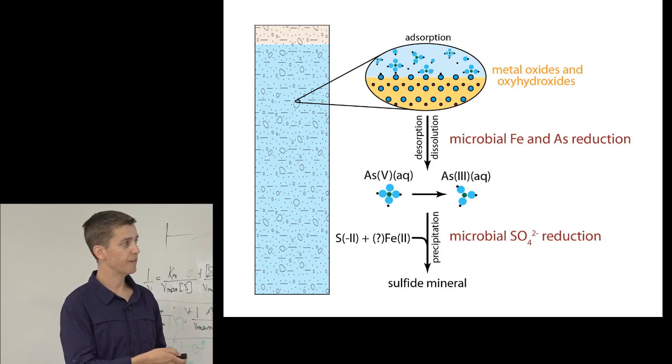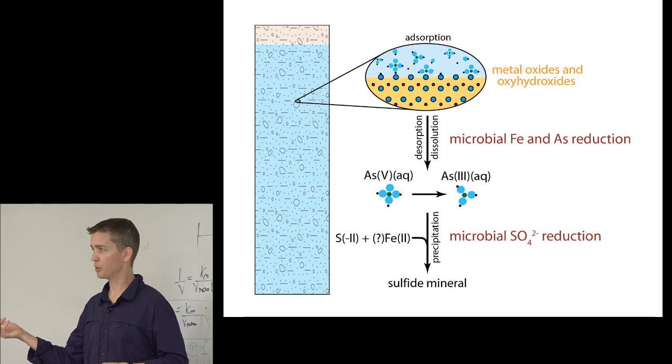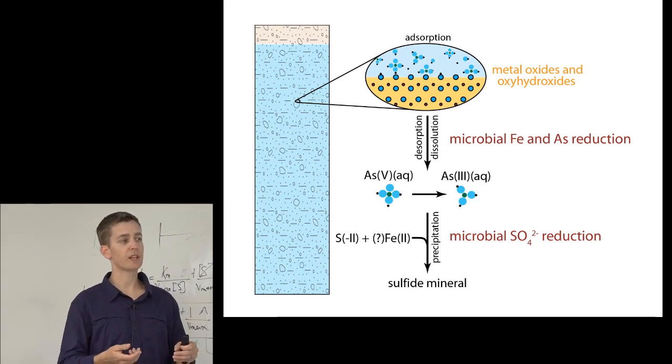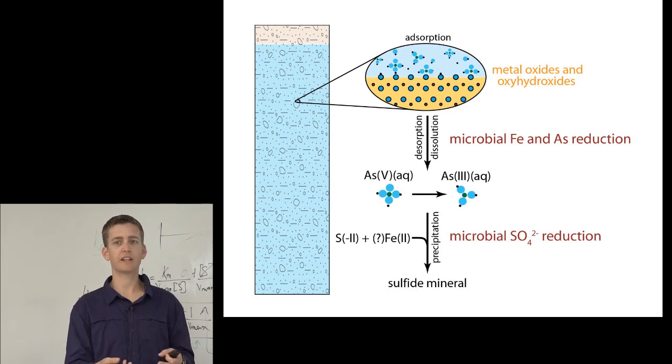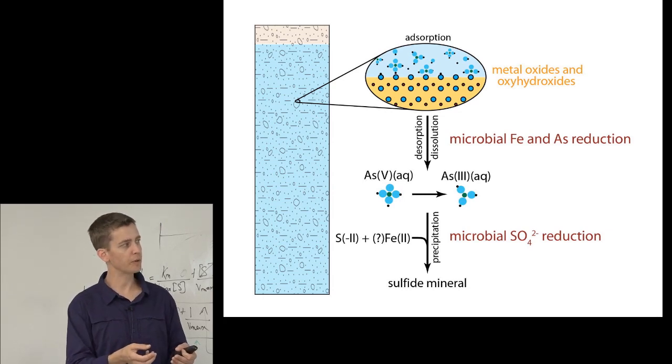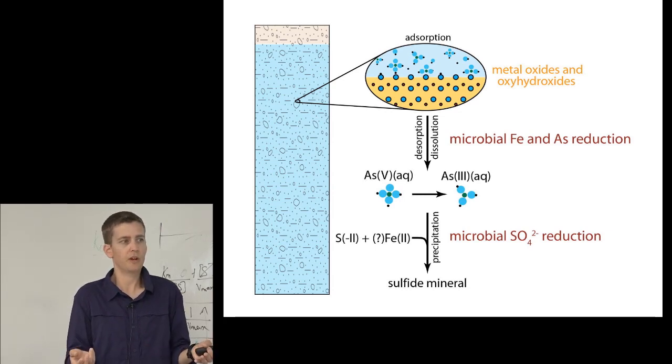We also see that if you don't have sulfate and you don't have sulfate reduction, you see methane start to accumulate in the water alongside that arsenic, because the sulfate reducers can't outcompete methanogens for electron donors, for the food. If those sulfate reducers don't have sulfate, they can't do sulfate reduction.